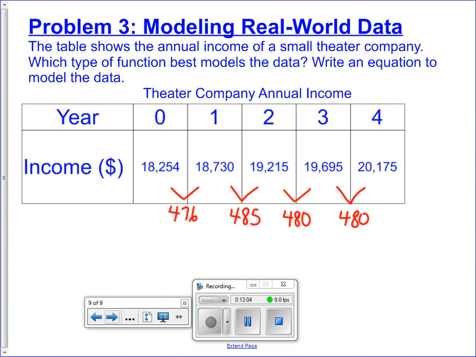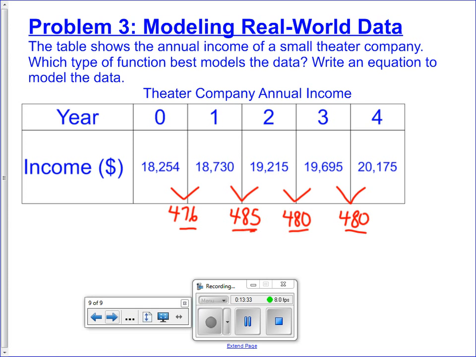In fact, we can just make the educated guess right now that it is going to best follow a linear model. It appears to be going up approximately 480 each year, but we could average that to make sure, but 480 is going to hit it pretty close. So let's write an equation.